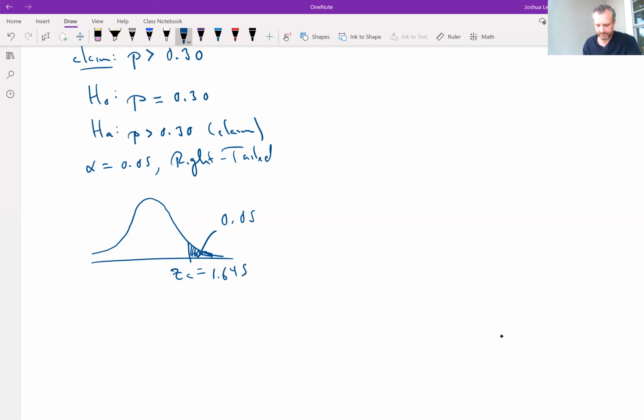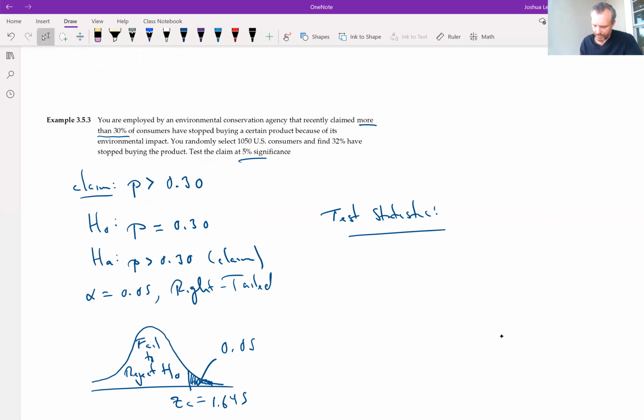Of course, we have our regions now. Fail to reject H0. All right, the test statistic. Well, if you notice here, I don't have a raw number, right? I have 32%.